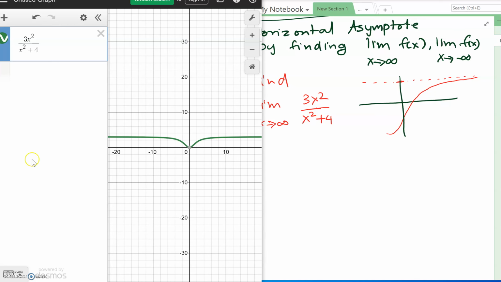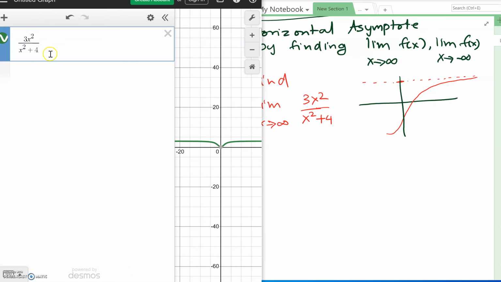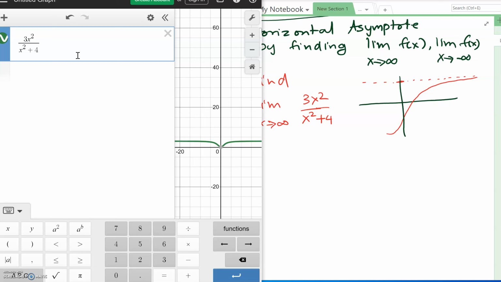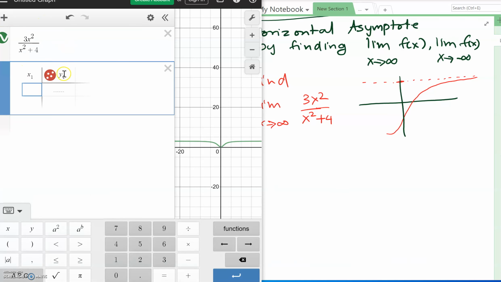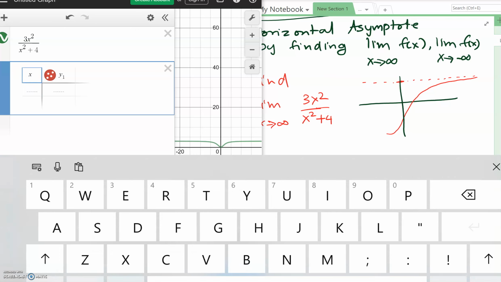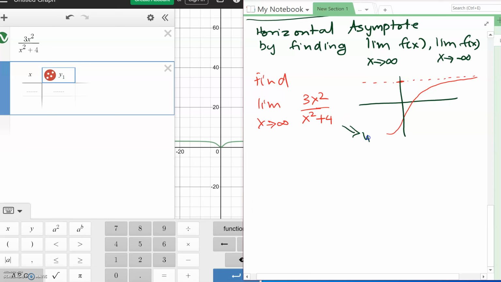All right, so we're going to do this numerically. Let's create a table, and we're going to choose x values. For the y value, we're going to input the function f of x. This is the y value, y equal to.